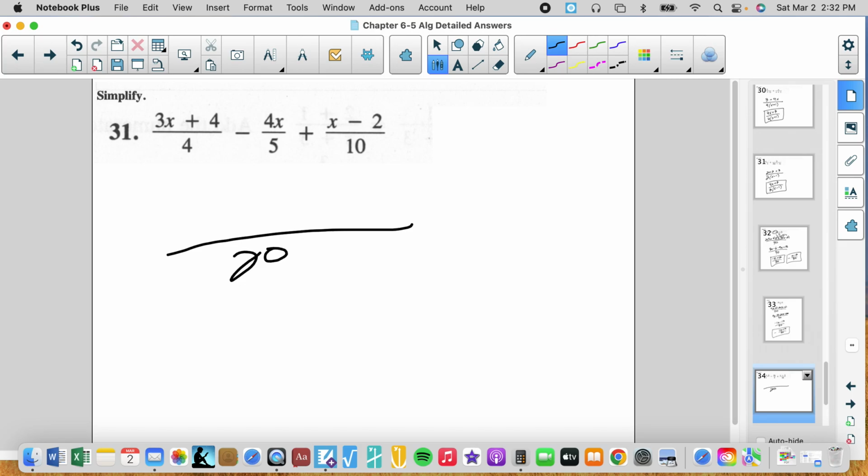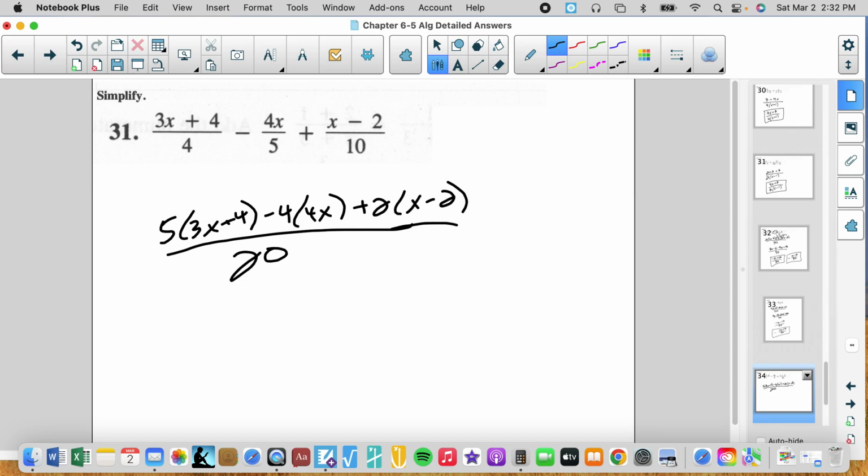GCF is 20, so that's 5 times 3x plus 4. That is negative 4 times 4x. That is going to be 2 times the quantity x minus 2.